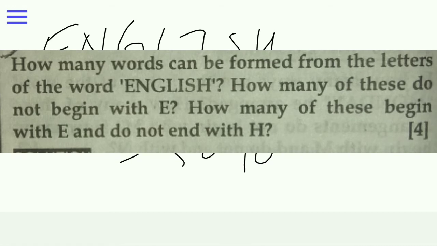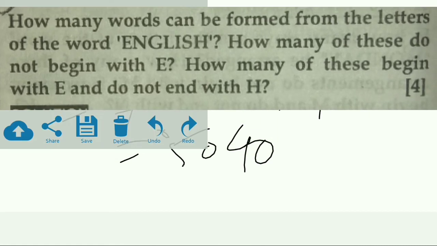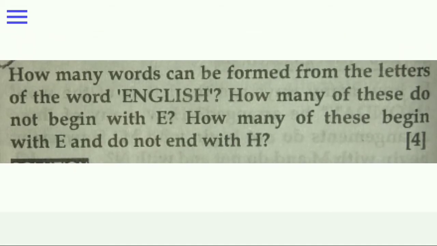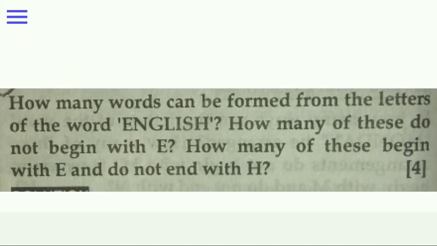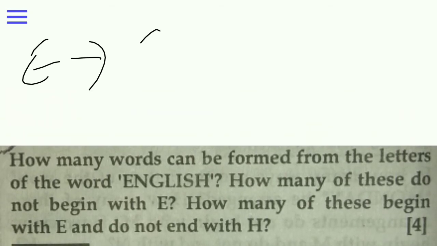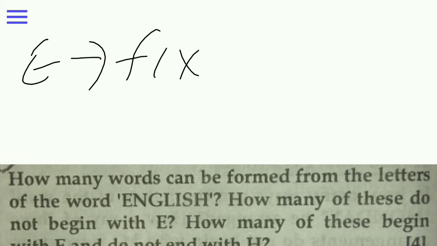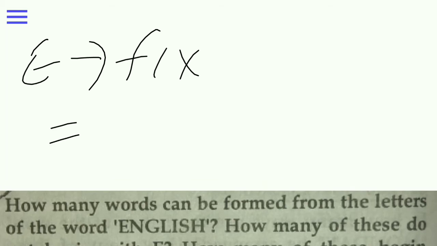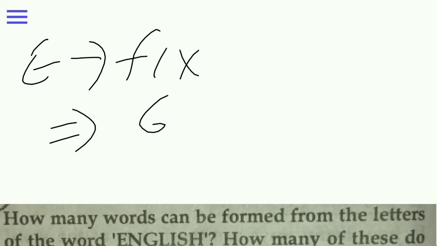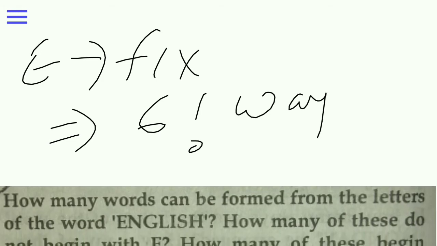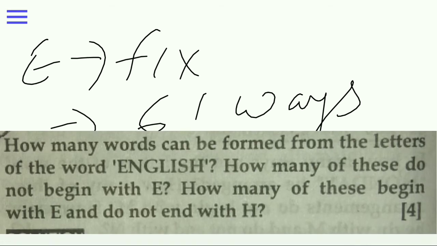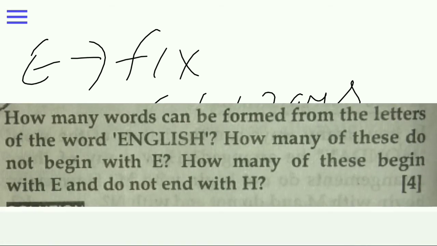And in the second part, it asks how many of these do not begin with E. For this we'll fix E at the first place and the remaining 6 letters can be arranged in 6 factorial ways. So E will be fixed and there will be 6 remaining letters that can be arranged in 6 factorial ways, so we get 720.